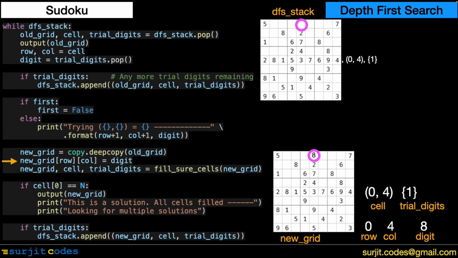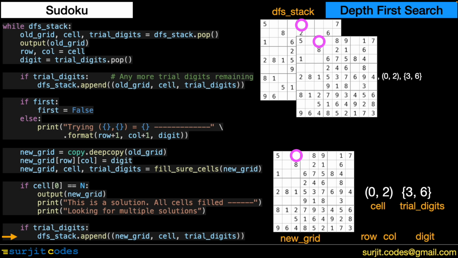Save 8 at its 04 position and call fill sure cells for the new grid. It fills 21 more cells and returns cell 02 that has two choices 3 and 6. Cell 0 is not 9, so we skip the if statement. Trial digits are present. We push the tuple in the stack.